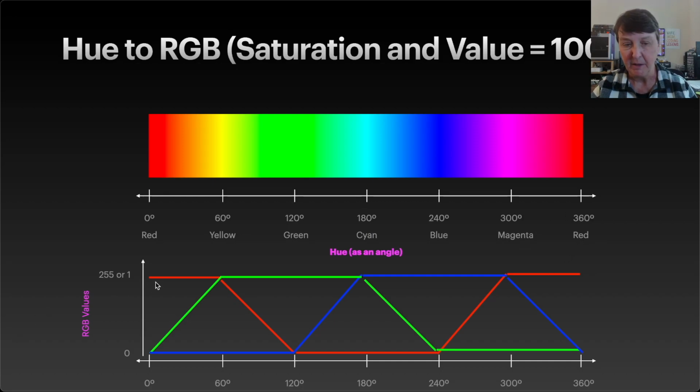I adapted the graph that Paul had shown us to reflect the direction that I decided to go in. And here's the way this looks. This graph is really important for figuring this out, and it makes it a lot simpler once you get this piece to then build in the saturation and value.